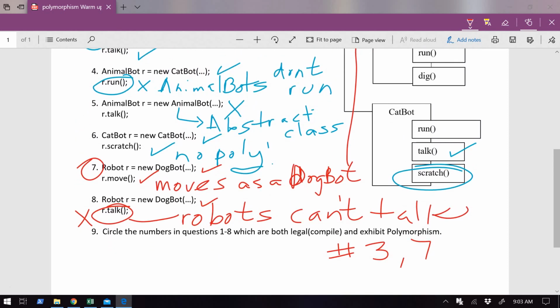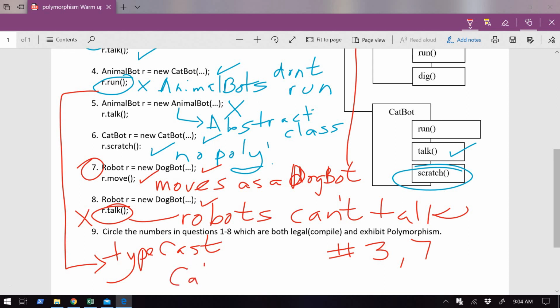If you had an animal bot R as a new cat bot and you wanted this to actually run, what you could do is typecast. Because you know it's really pointing at a cat bot, and you know that cat bots can run, so you can get a legal call by saying, I've got a cat bot. I know that this guy is really a cat bot.